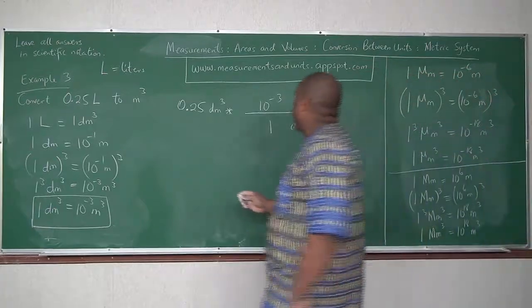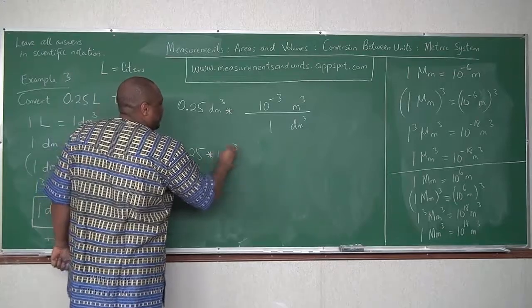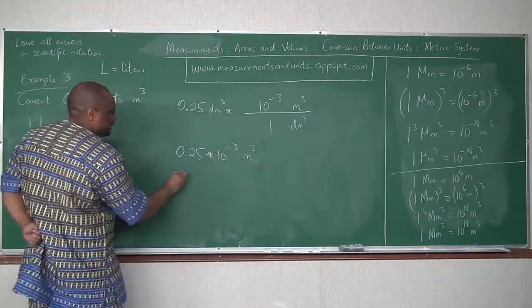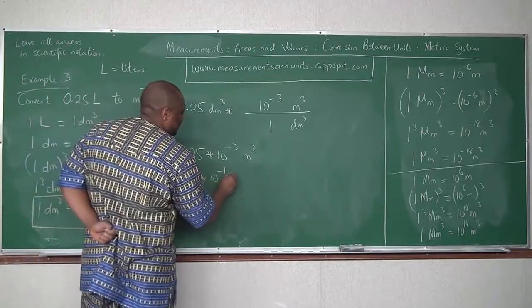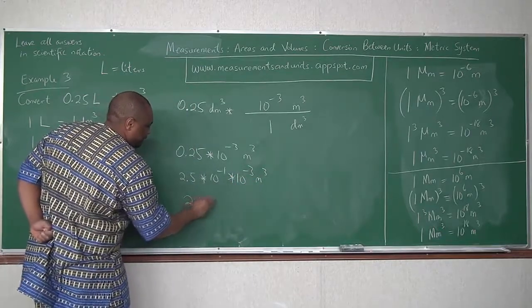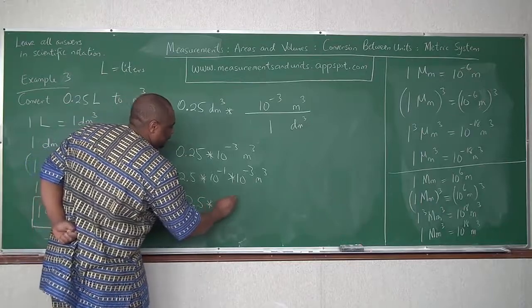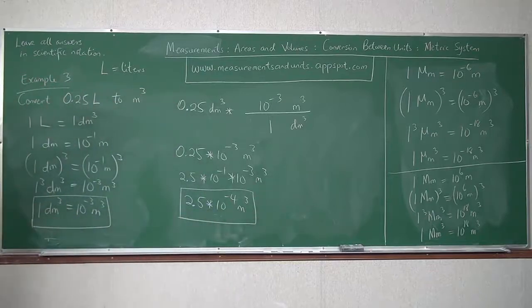This will now be 0.25 times 10 to the negative 3 meter cube. So this is 2.5 times 10 to negative 1 times 10 to negative 3 meter cube. And that is 2.5 times 10 to negative 4 meter cube, because negative 1 plus negative 3 gives us negative 4. That's it.